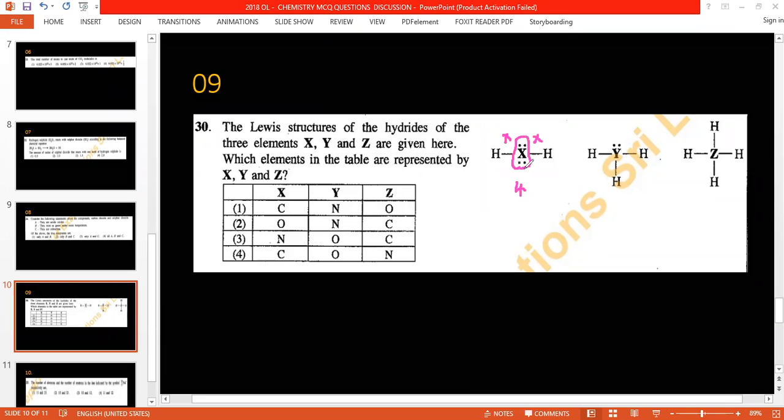So 4 plus 2, altogether 6 electrons. This is the last energy level, the valence electrons.